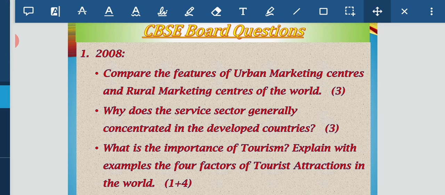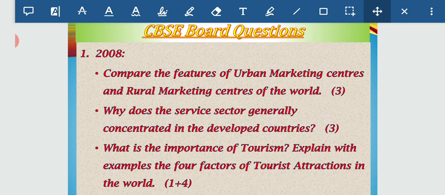Now, what is the importance of tourism? The next question is to explain the 4 factors of tourist attraction. The 4 factors of tourist attraction are already there in your video as well as in the notes.